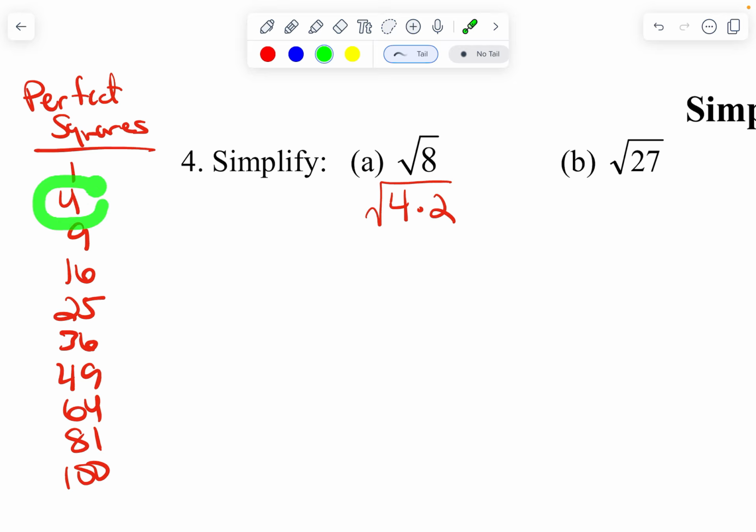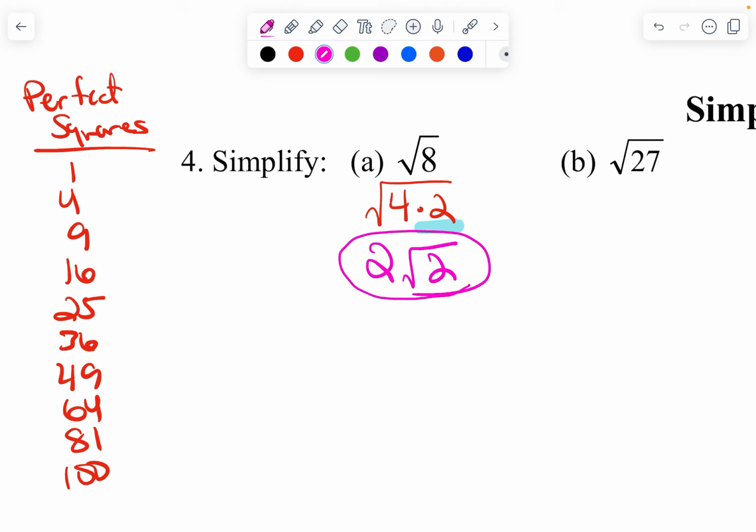I picked 4 because it's on my perfect square list. So the square root of 4 is 2. And then this 2, I'm going to underline it here in blue, that 2 is not on my perfect square list, so it stays under the radical. And so the square root of 8 in its most simple form, not a decimal, is 2 root 2.